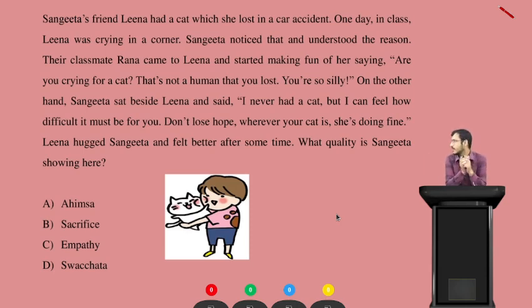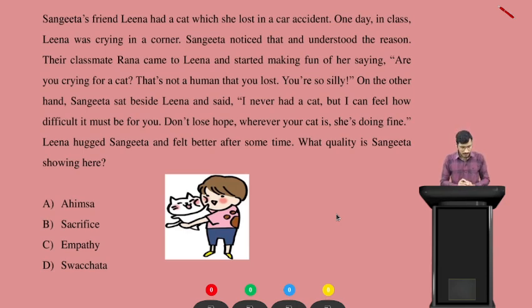You are so silly." On the other hand, Sangeeta sat beside Leena and said, "I never had a cat, but I can feel how difficult it must be for you. So don't lose hope. Wherever your cat is, she is doing fine." So Leena hugged Sangeeta and felt better after some time. So what quality is Sangeeta showing here?